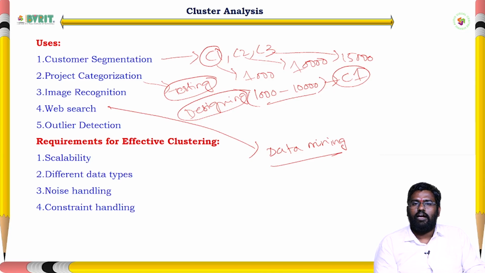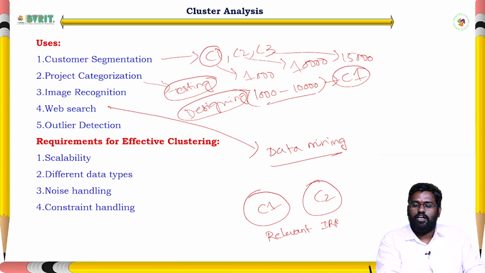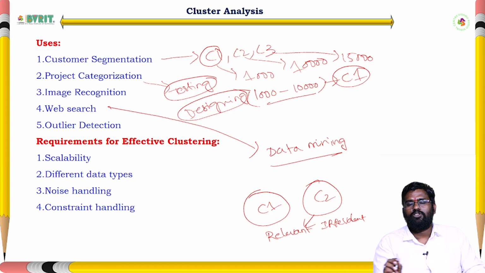Based on that, we identify which content is relevant to me and place it in one cluster, one document, and place other content in another document, just like C1 and C2 clusters. The relevant documents are placed in C1, and the somewhat irrelevant ones, only somewhat related to data mining, are placed in C2.